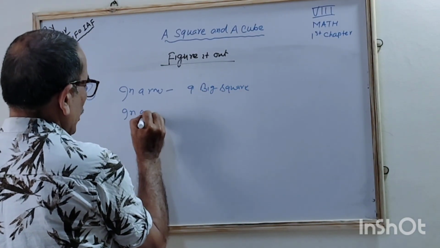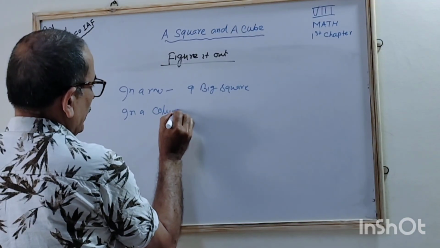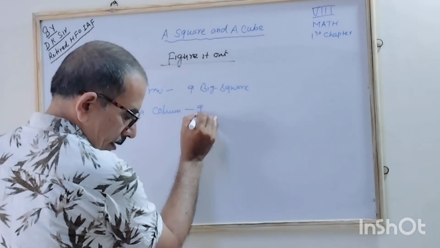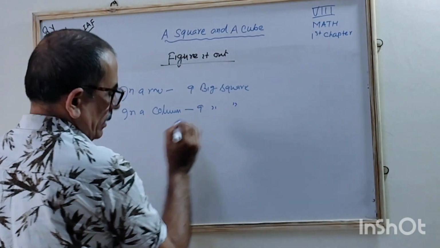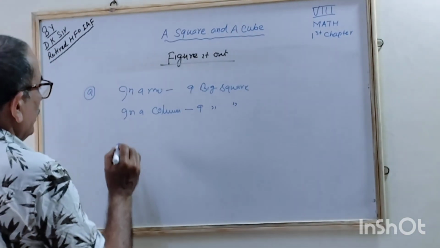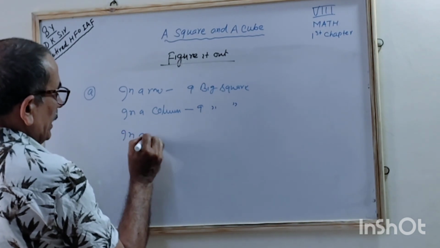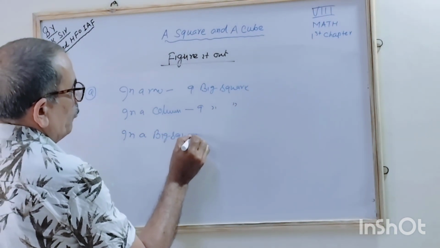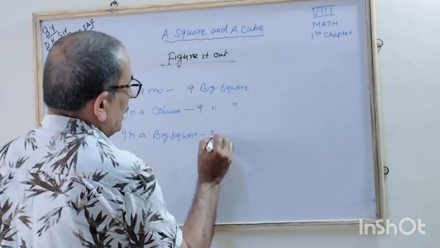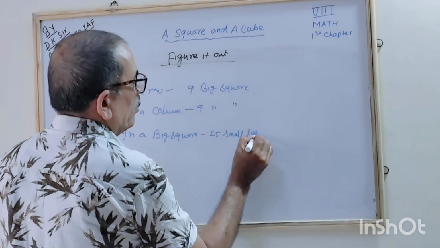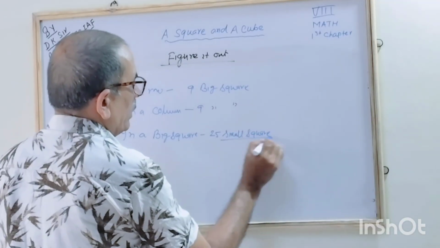In a column also, they find that 9 big squares are there. But in a big square, how many small squares are there? In the big square, you find that 25 small squares are there.